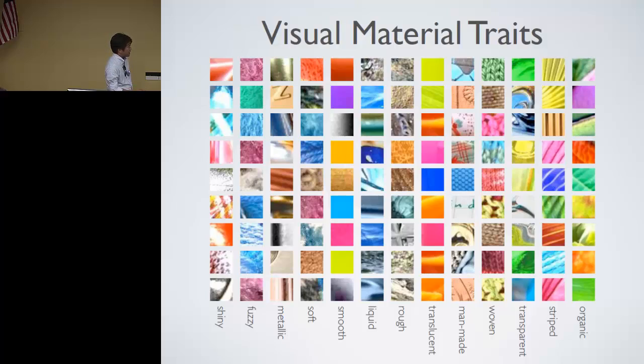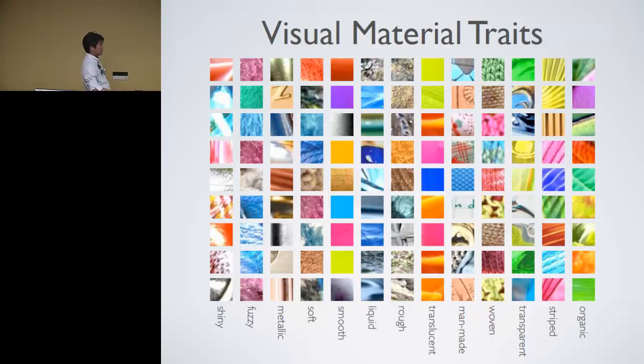Shiny is often characterized by having all these highlights passing through these local patches, right? Fuzzy has this really fuzzy look to it. There's no other word that I can come up with. But it has this fuzzy look of wool, right? And organic has these typical colors of organic surfaces and texture patterns like a leaf, right?